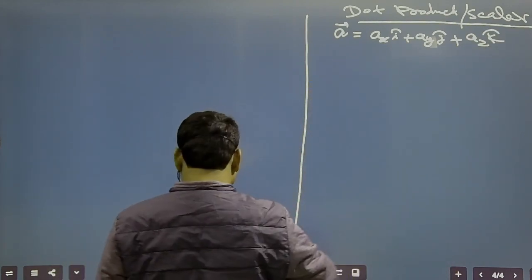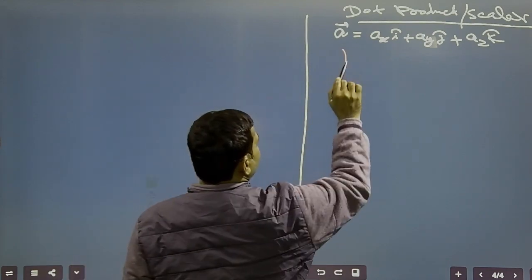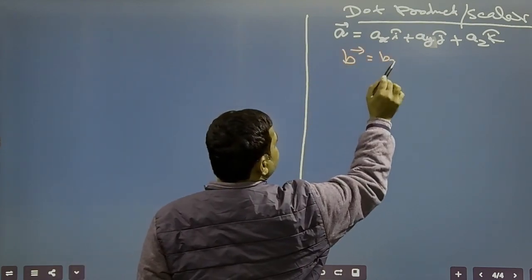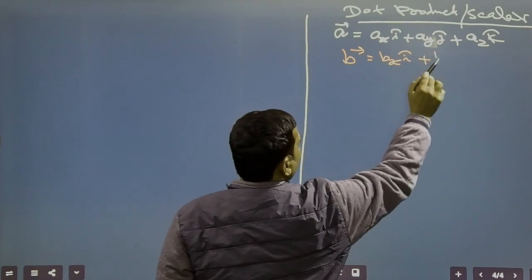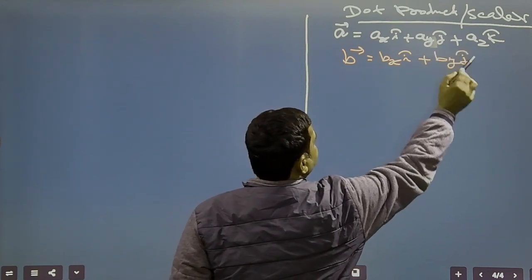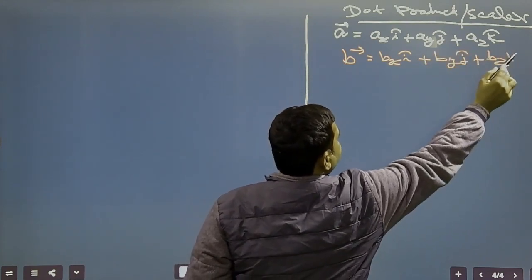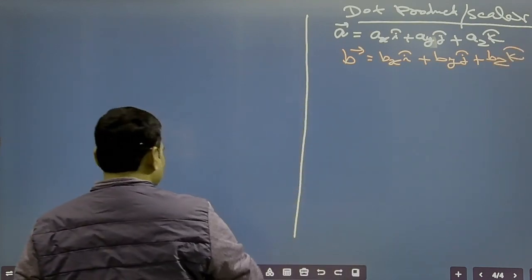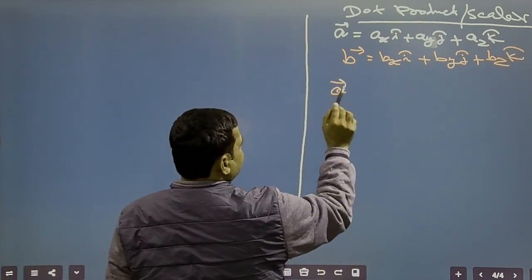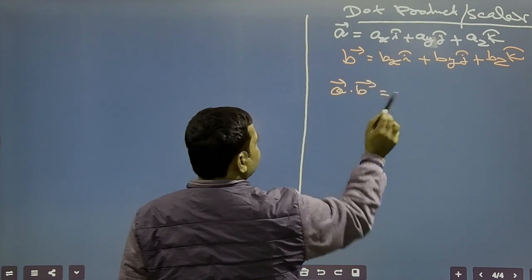Similarly, suppose the second vector is given, B equal to bx i cap plus by j cap plus bz k cap.